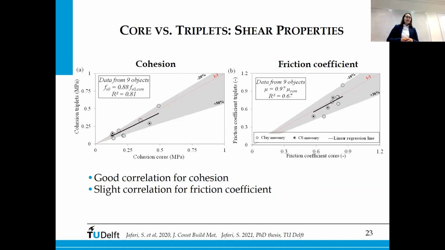When we then estimate the properties in terms of cohesion and friction angle and correlate them with those of the triplets, we again found a good correlation for cohesion and a slightly weaker correlation for the friction angle.